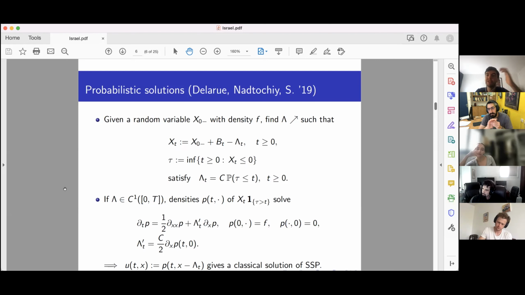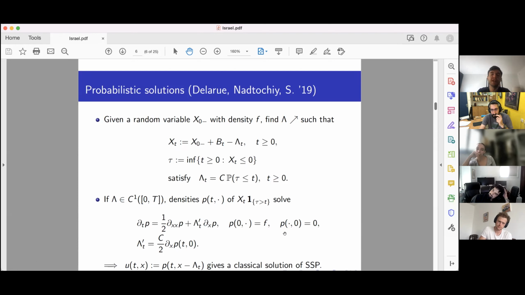One way to argue this is as follows. Let's forget about these blowups and assume that the frontier actually moves smoothly, and smoothly will mean C1 for me here. Then the process X is just a Brownian motion with drift lambda prime.